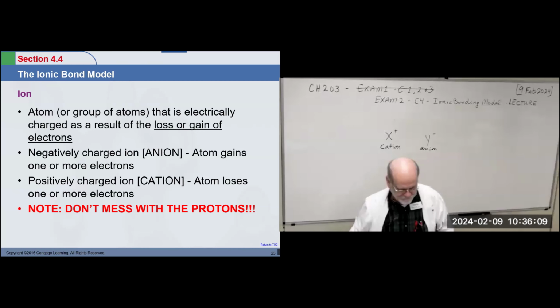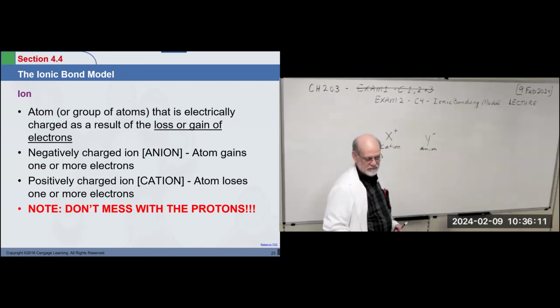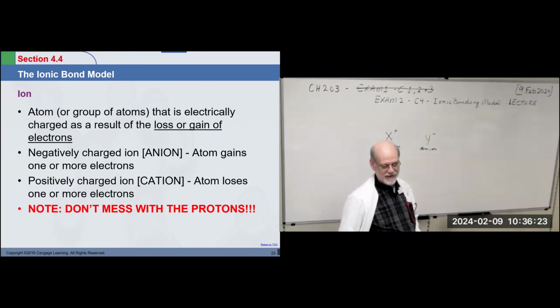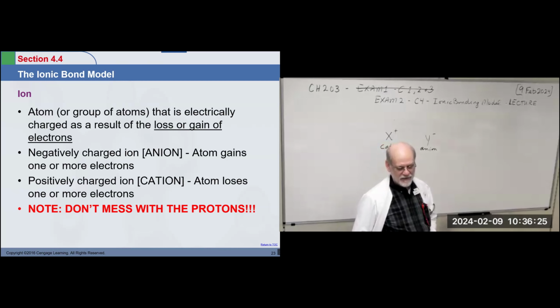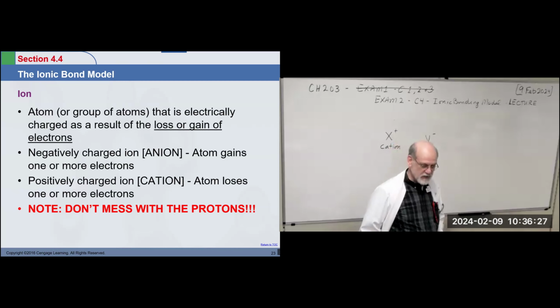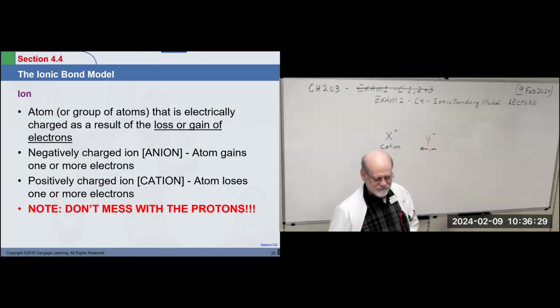All right. How does it get those negative charges or positive charges? Gain or loss of electrons. Don't mess with the protons. What happens if you mess with the protons? Well, you're kind of coming in through the back door.